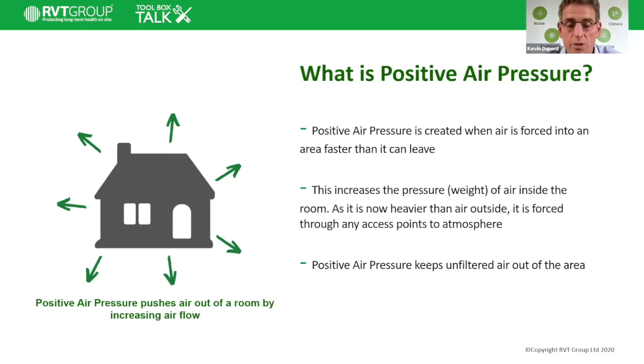If you're using the right filters, you can stop any dust or fume spreading. And like with the negative pressure, it's about the weight of the air. If we're pumping air into that room, that building, that space, it increases the weight of it. And because it's heavier than outside, that's how we can really stop anything migrating in.